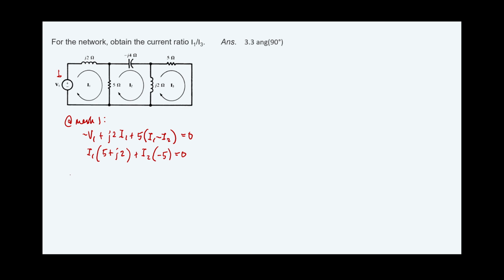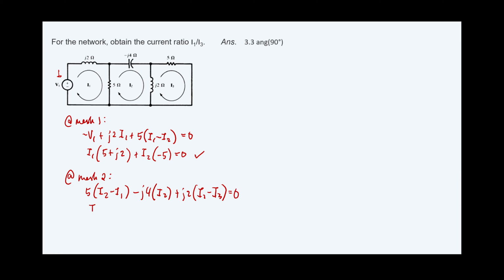At mesh 2, you have 5 times I2 minus I1, because in mesh 2 current I2 is positive, then minus j4 times I2, and there's only one current entering this capacitor, then plus j2 times I2 minus I3 equals 0.